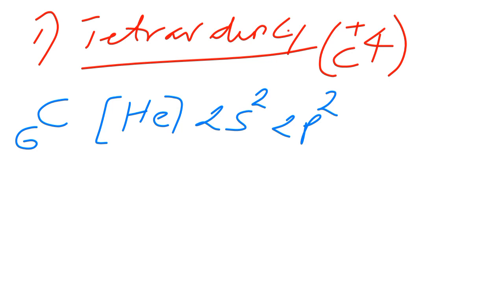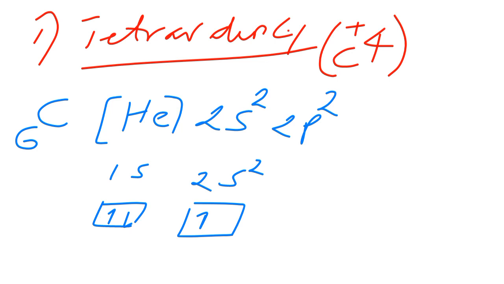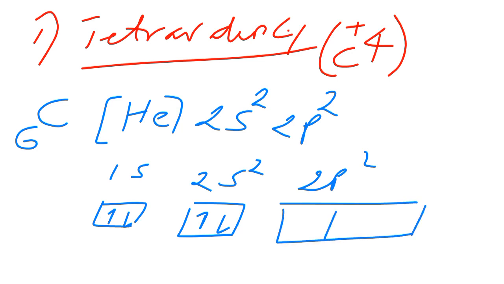Through drawing the orbitals, we can show that 1s has 2 electrons, and 2s has 2 electrons. There is only 1 suborbital for s, and 2p has 3 suborbitals. Of these 3 suborbitals, the 2 electrons occupy two of them, so we have 6 electrons. This is the electronic configuration of carbon.